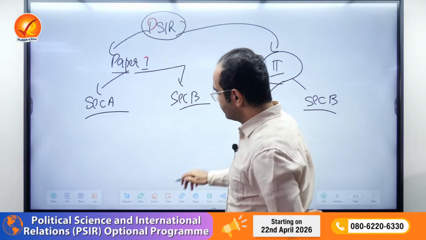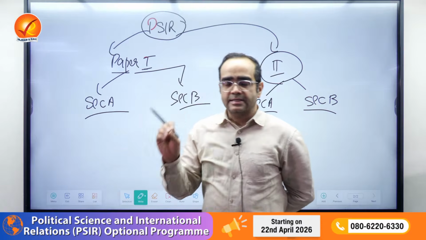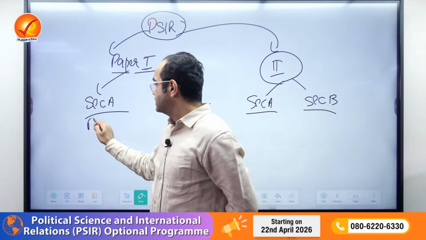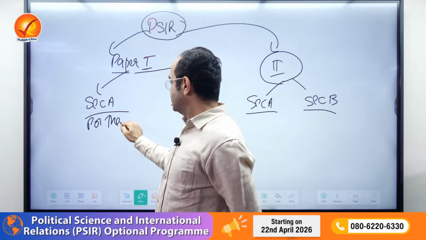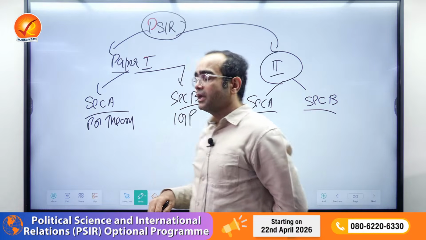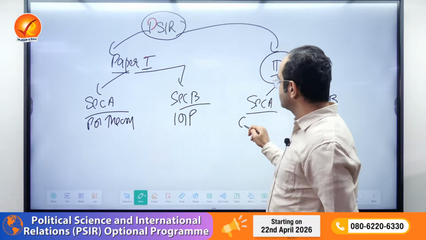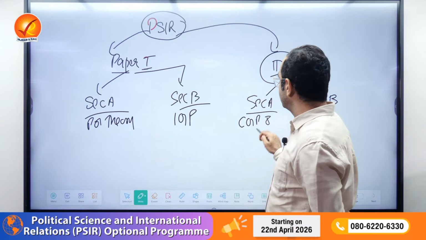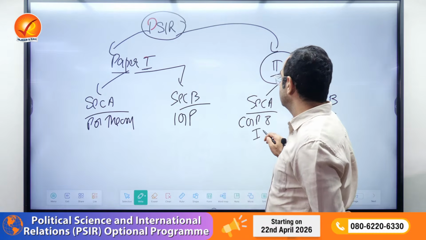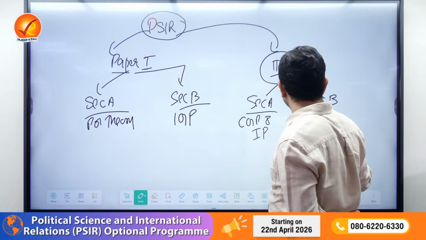Now the first paper, if you study it, section A is called political theory and section B is IGP. Here section A of paper 2 includes comparative government and politics and international politics, and section B talks about Indian foreign policy.